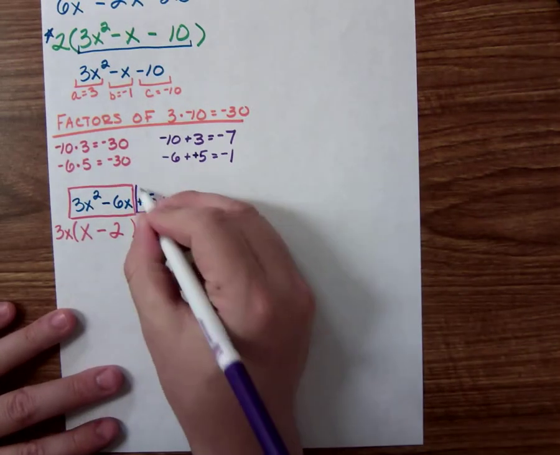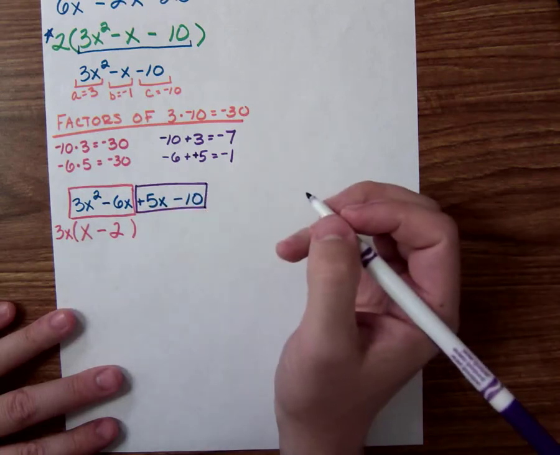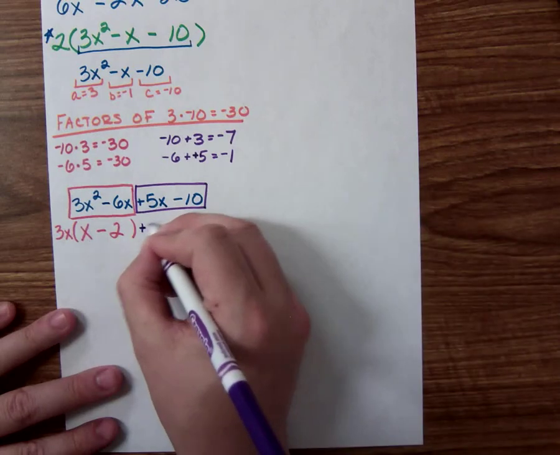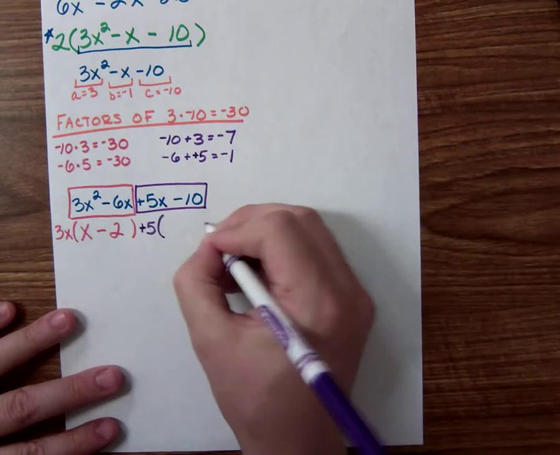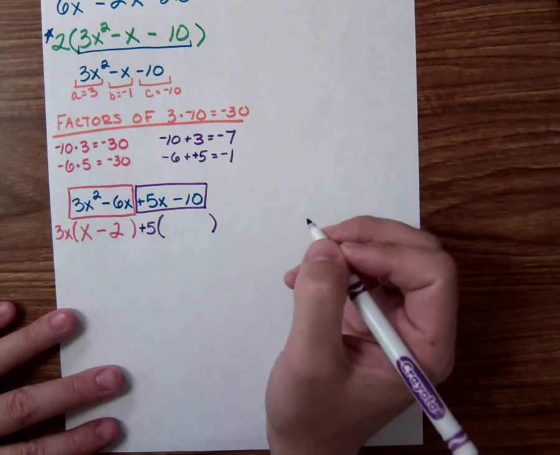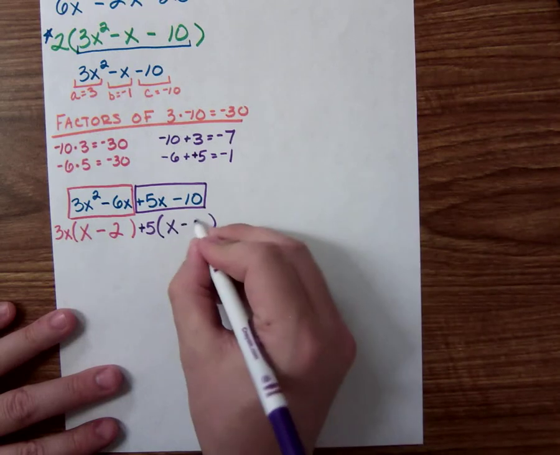All right, let's group these two together. 5. Yeah, it starts with the positive, so +5. X minus 2. How about that?